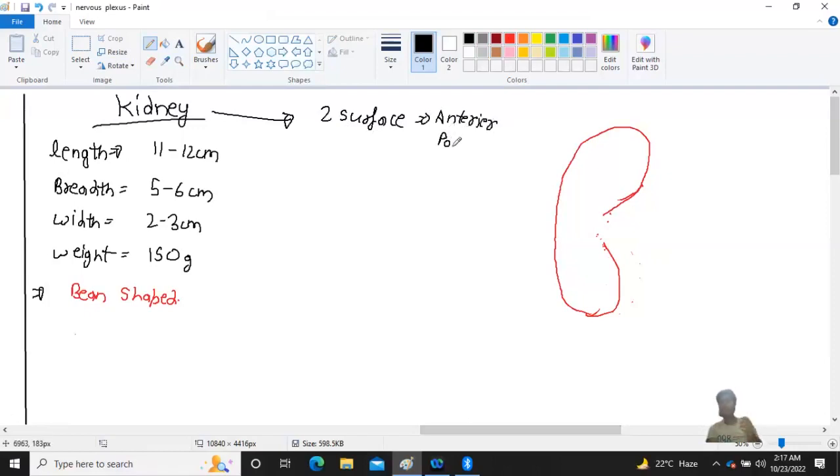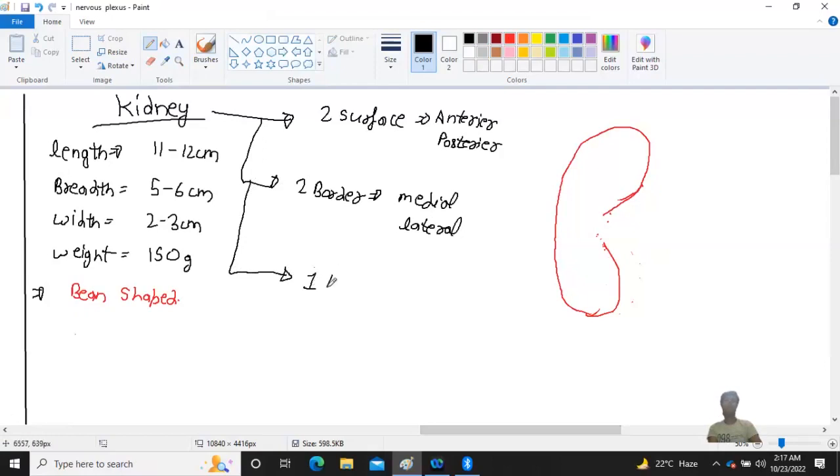We can also say slightly anterior superior and posterior inferior, because it is slightly tilted posteriorly. Two borders, medial and lateral, and one hilum.